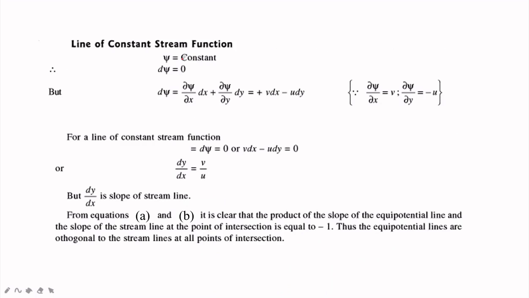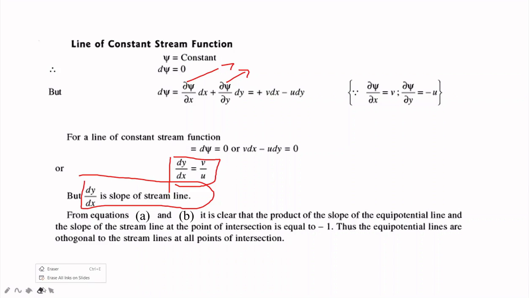If the stream function is constant, then dψ = ∂ψ/∂x dx + ∂ψ/∂y dy equals 0. ∂ψ/∂x is v, ∂ψ/∂y is -u. Substitute it, you will get dy/dx as v/u, and dy/dx is the slope for the streamline.